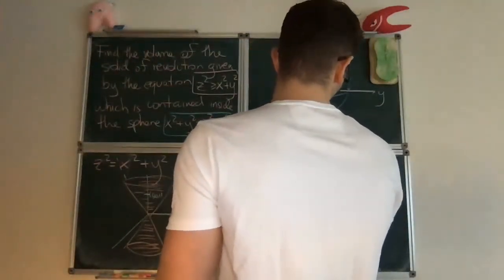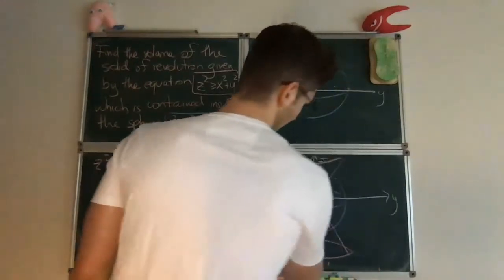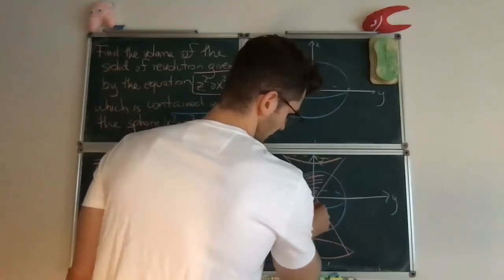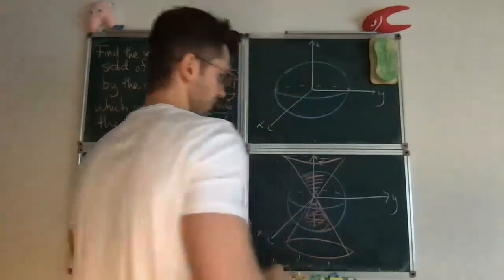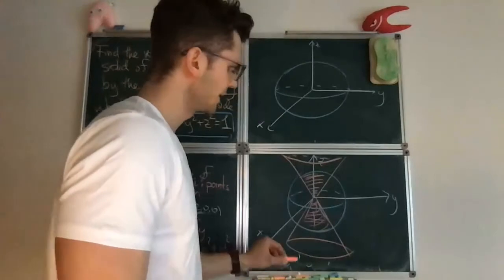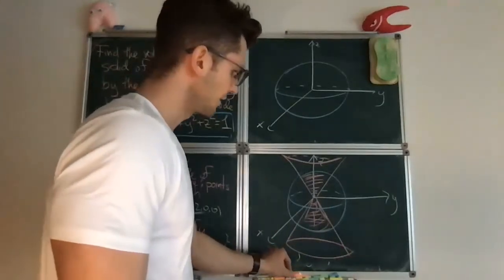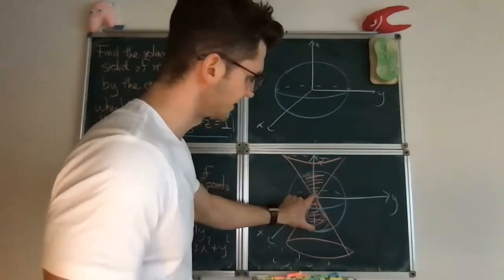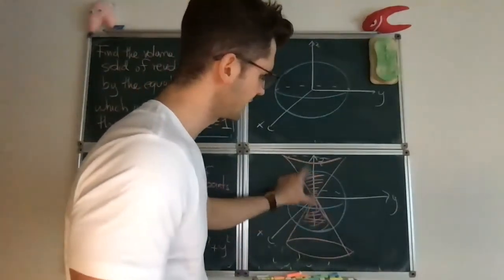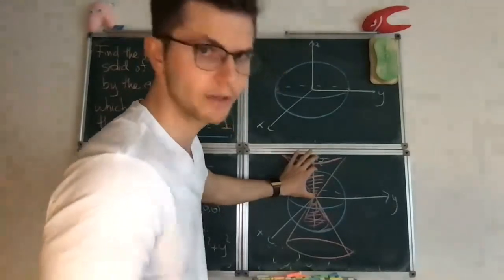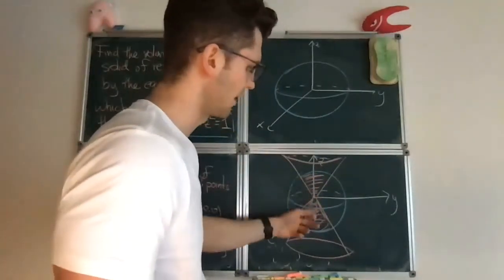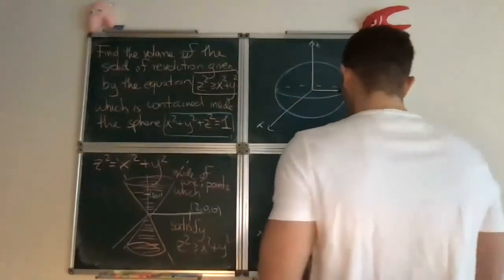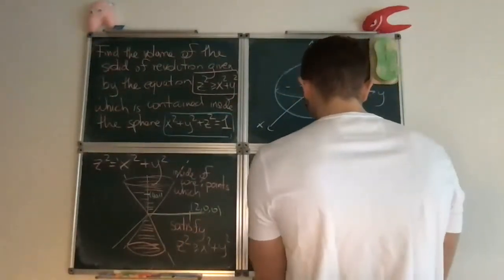So this is really the stuff that we want to compute. By symmetry, there's as much volume here as there is below the xy plane. So you just have to compute this volume upstairs and then multiply it by 2 to get the total volume. So really, we have to find twice this volume.